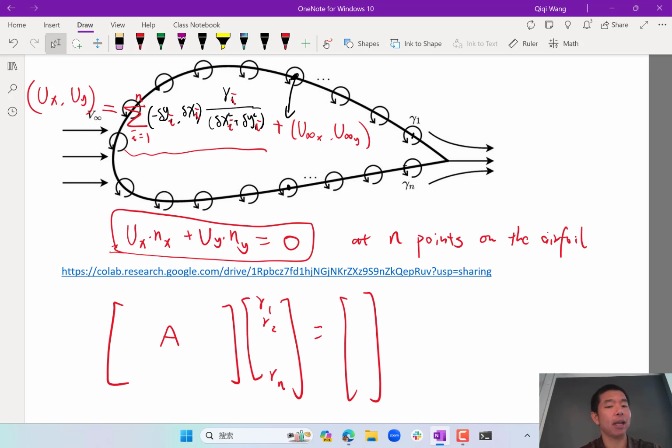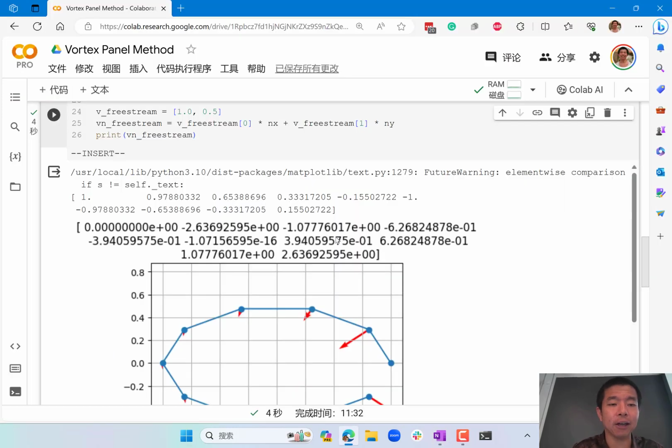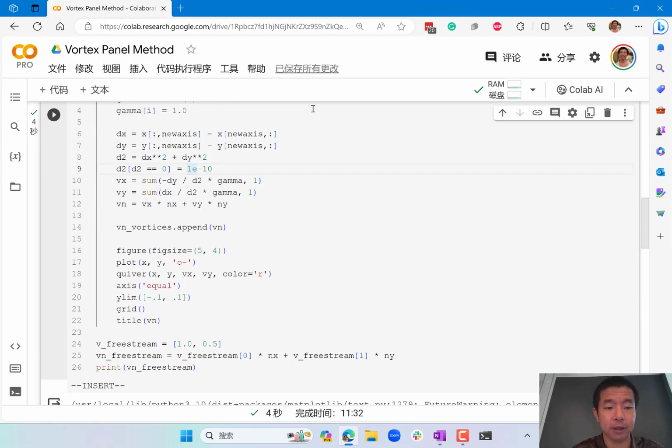Basically, what I have computed is different columns of this matrix A. If you think of one of the gammas being 1 and the others being 0, the matrix-vector multiplication gives me one of the columns of this matrix. Agreed? Okay, that allows me to start the calculation.